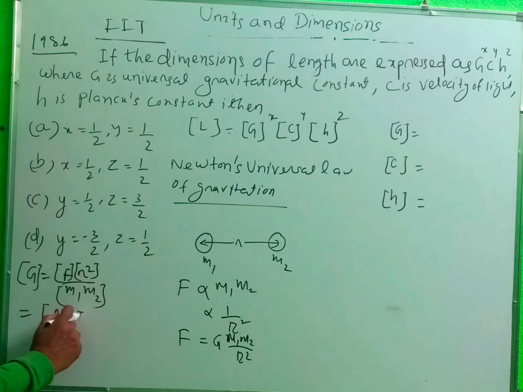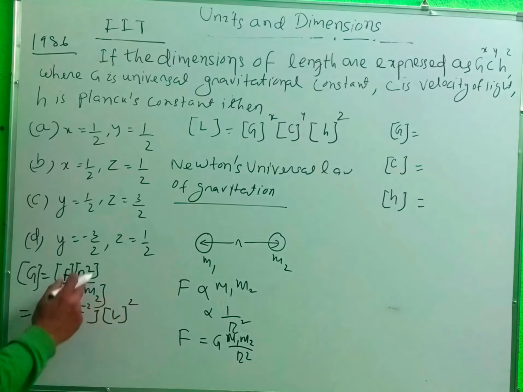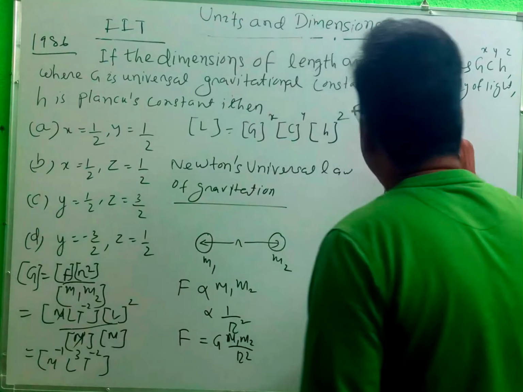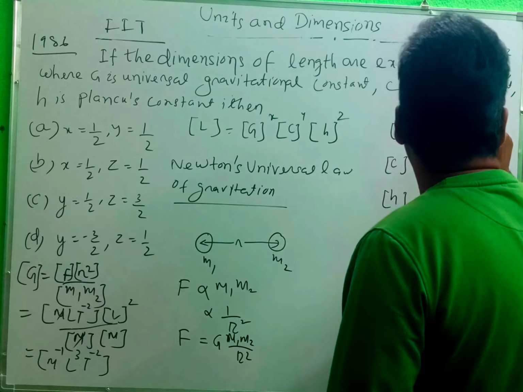That is M L T to the power minus 2, that of r is L, this is length, and m1 and m2 means M into M. Okay, students? This M cancels out, and this becomes M to the power minus 1, L cubed and T to the power minus 2. We will write it here: M to the power minus 1, L cubed and T to the power minus 2.